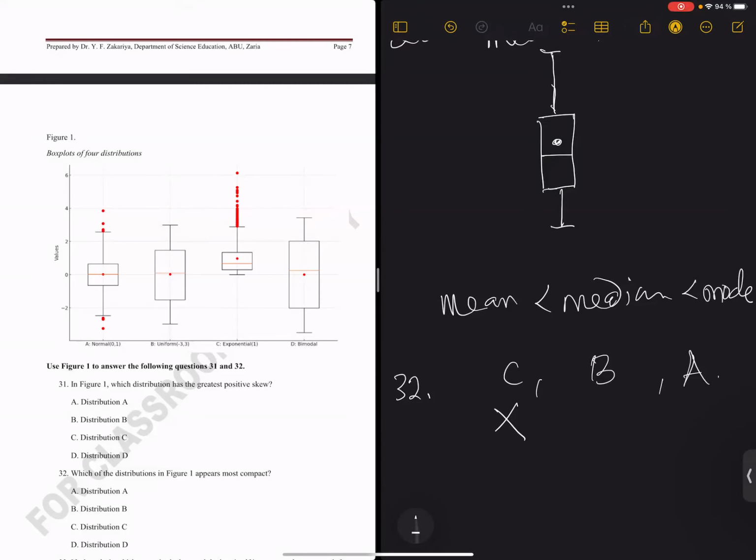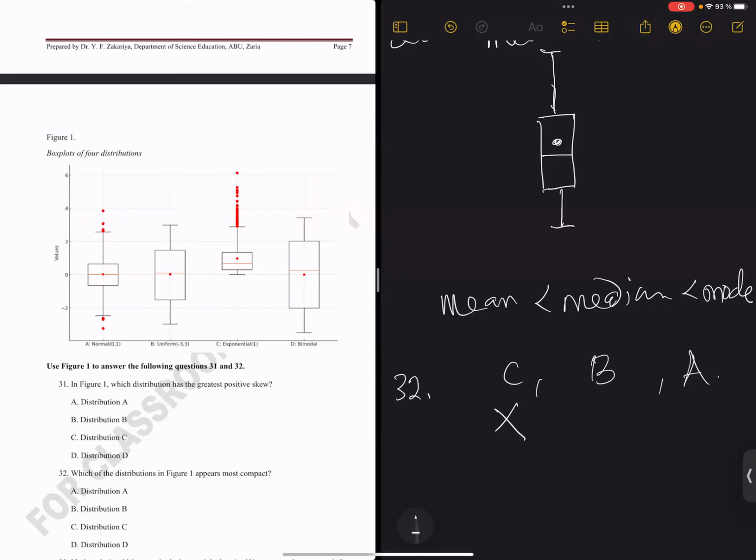The answer here is A, because being compact does not mean it cannot have outliers. The distribution of the outliers is what we are interested in. So the distribution here shows uniform distribution.